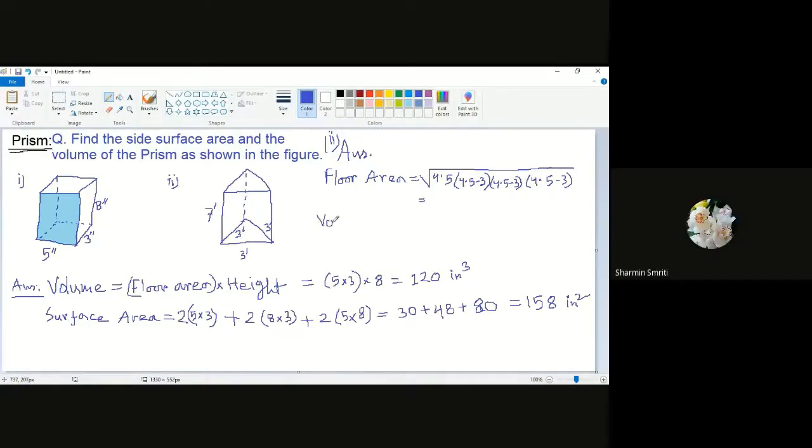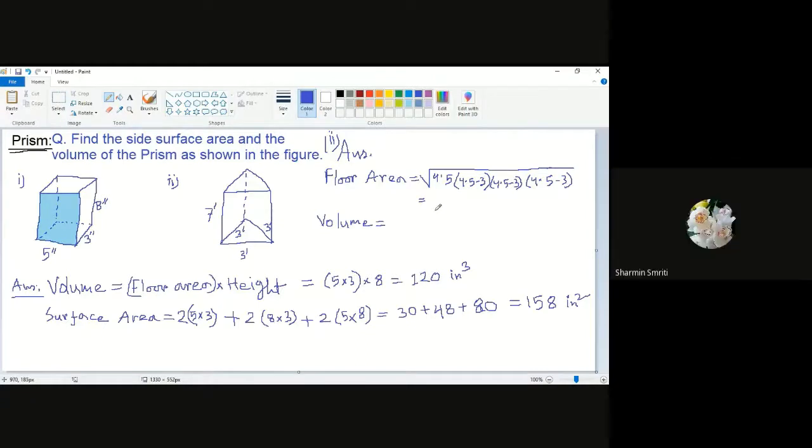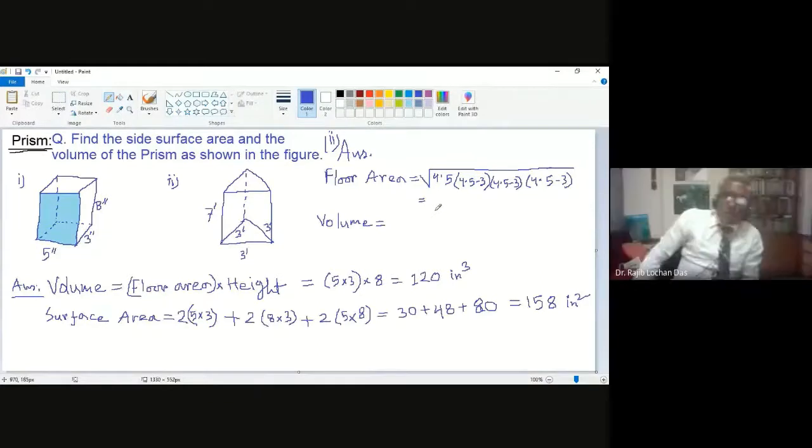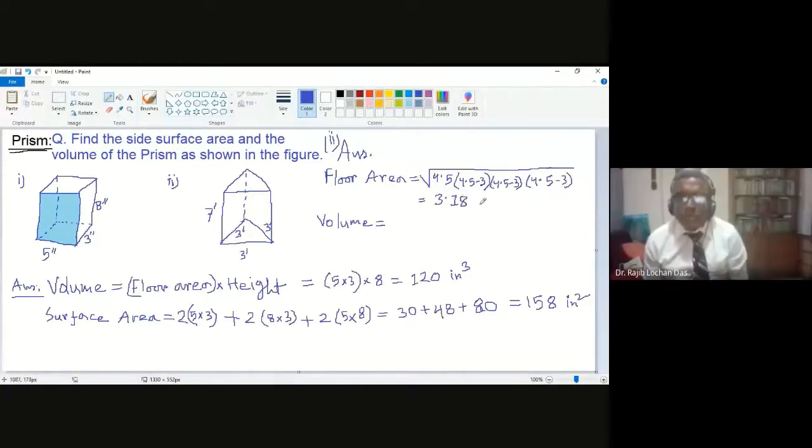Sir, 10.125. Then after taking the root, sir, 3.18. Okay, good. So 3.18 is the floor area. Now you will calculate the volume. So what will be the volume?